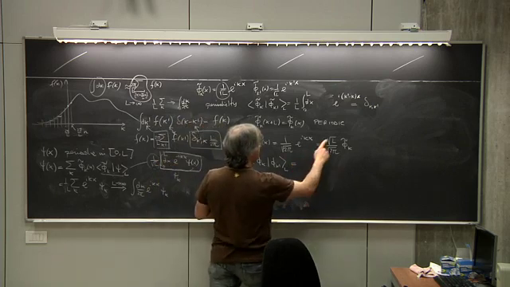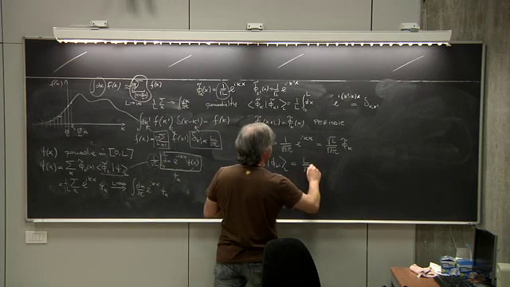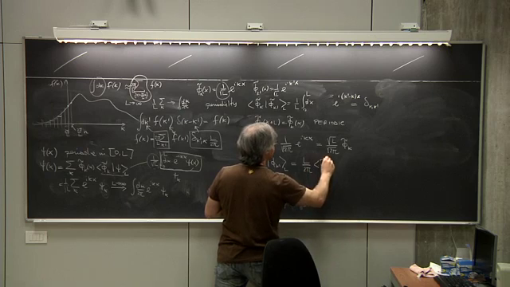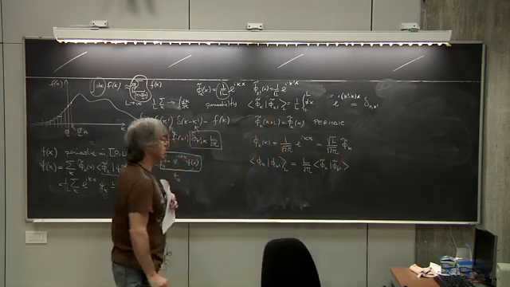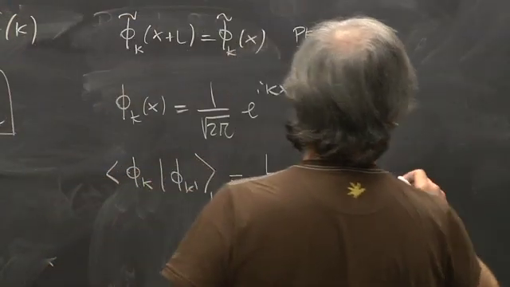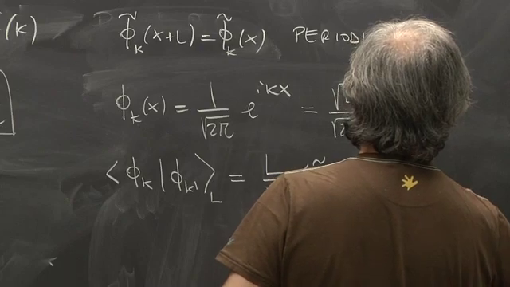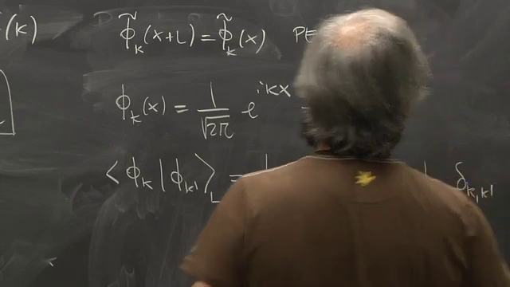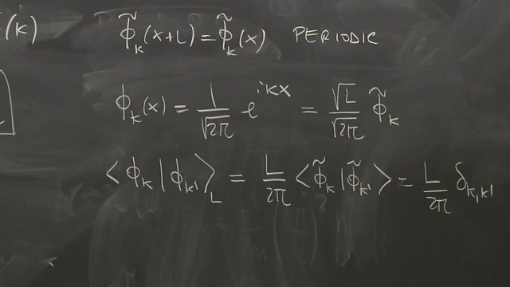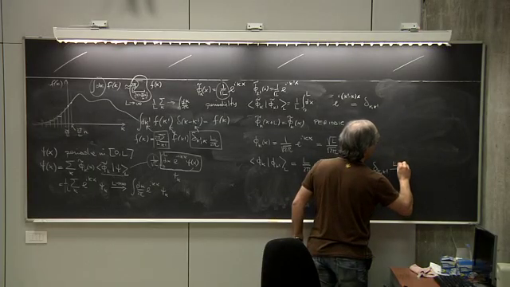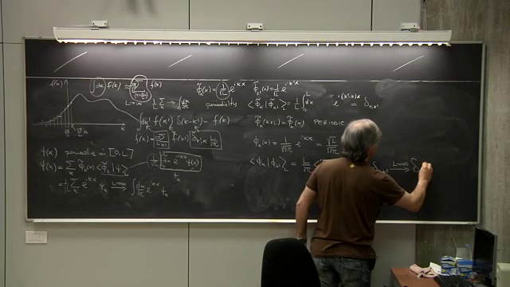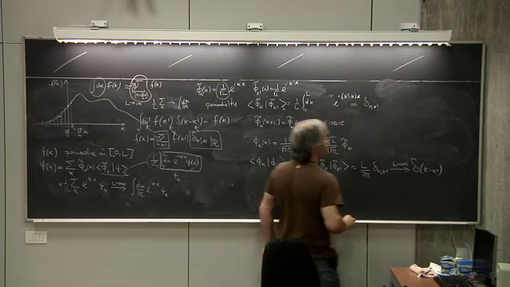So this becomes L over 2 pi phi tilde k phi tilde k prime. But this is a delta k k prime. So this is L over 2 pi delta k k prime. And in the limit L going to infinity, we know that L over 2 pi, the Kronecker delta becomes the Dirac delta. So this, for L going to infinity, becomes delta of k minus k prime. Is this clear?